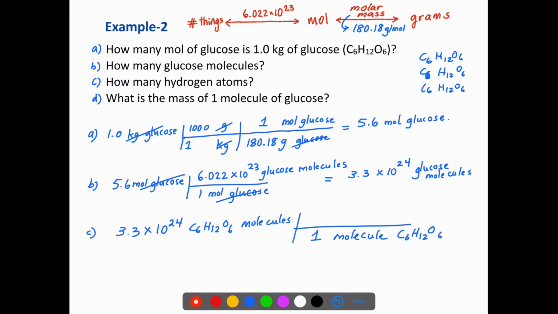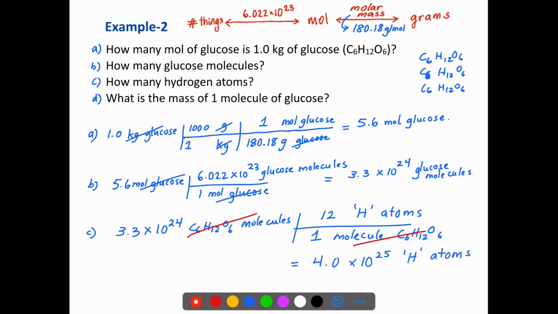So for every 1 molecule of C6H12O6, you're going to get hydrogen atoms. There are 12 hydrogen atoms in 1 molecule. So that's basically multiplying this number by 12. That's going to give us 4.0 times 10 to the 25 hydrogen atoms.